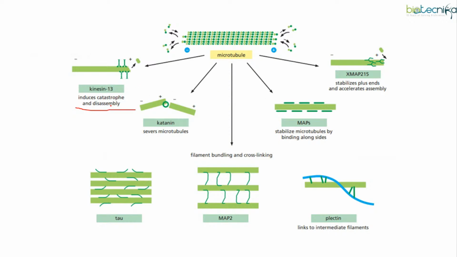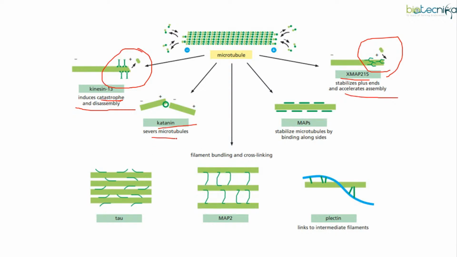Remember, kinesin 13 and XMAP 215 act on the same side of the microtubules but with different functions. Kinesin 13 is involved in the disassembly, or we can also call it a catastrophic event, whereas XMAP 215 stabilizes the plus end. So one is removing, one is adding, accelerating the assembly.